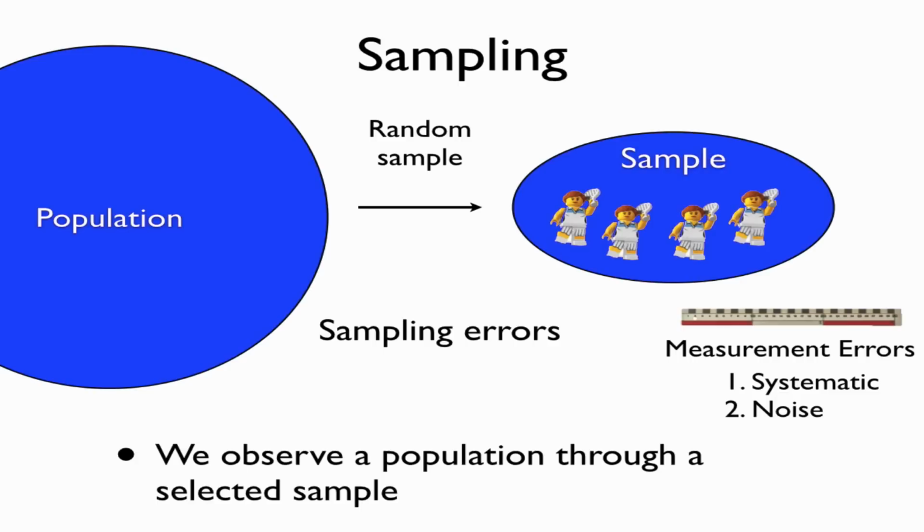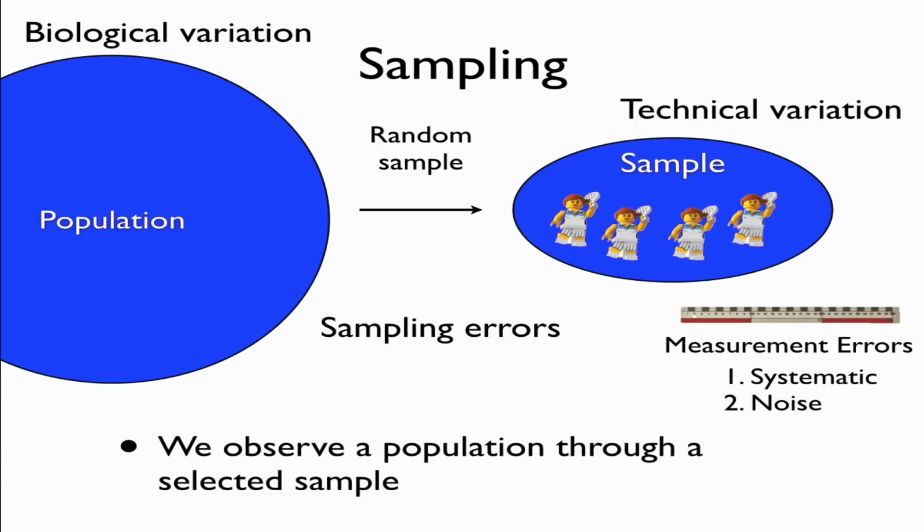This is due to the fact that our measurement systems might not be accurate enough. We also have this jargon that we use. We call the variation that we introduce due to the measurement systems themselves the technical variation, whereas the variation of the population, and for that sake also inside of the samples, is called the biological variation.